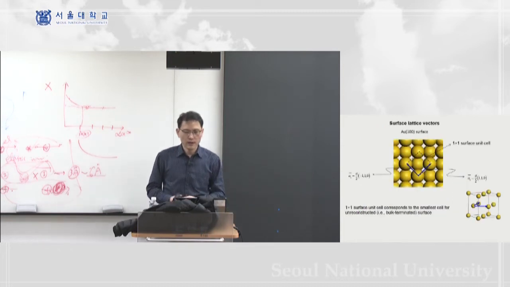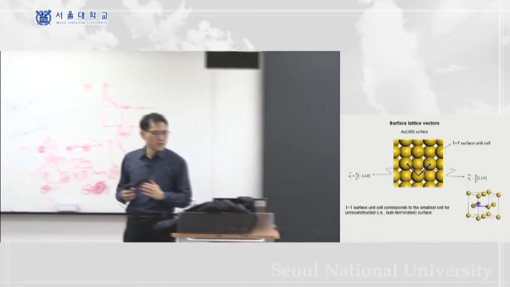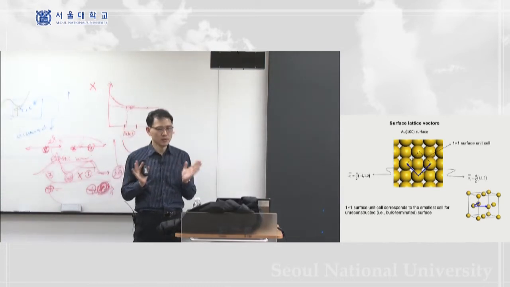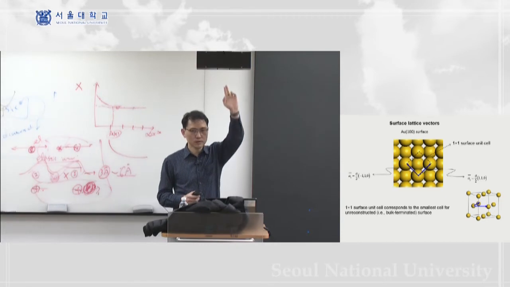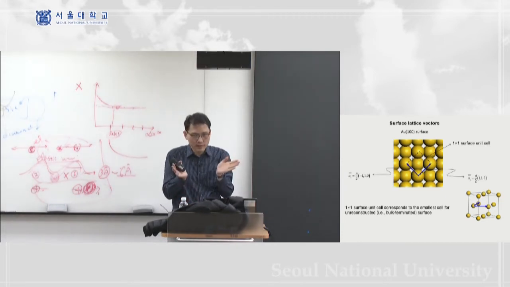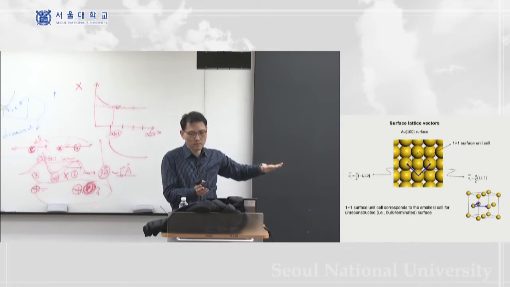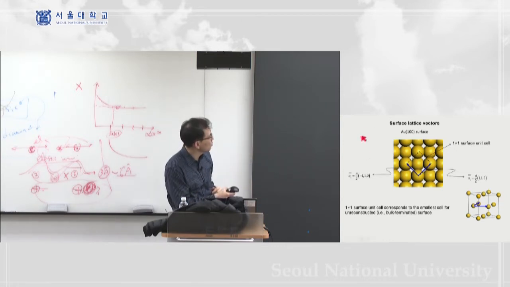All right, and making the surface means that you are changing the periodicity of your material. Of course you do not have periodicity along the normal direction, but you still have periodicity along the surface direction. For instance, in the case of the gold 100 surface, you can see that this blue one corresponds to the unit cell.